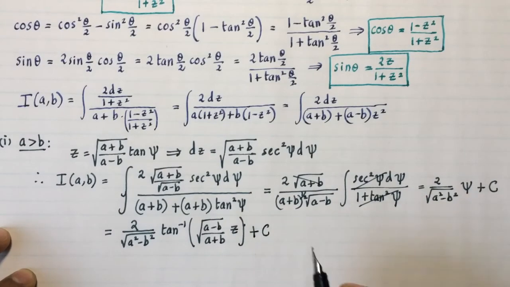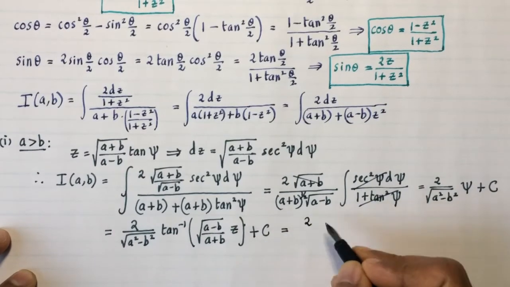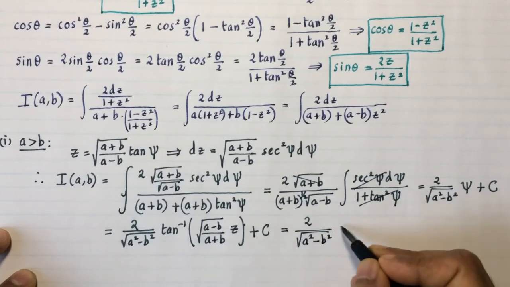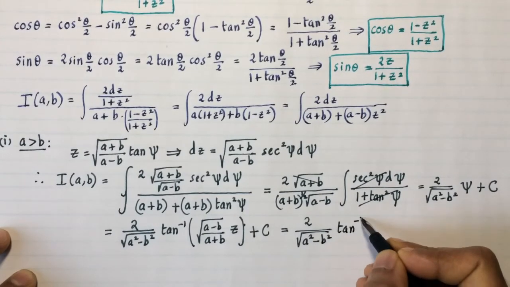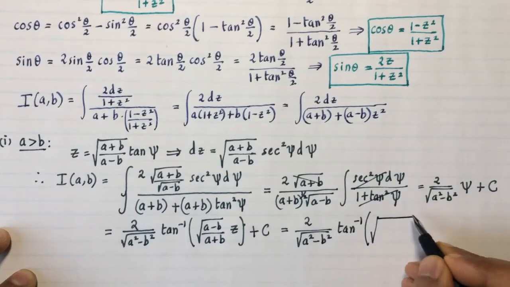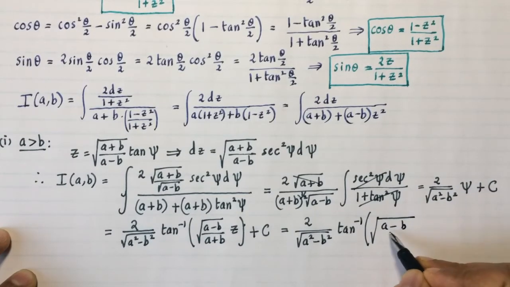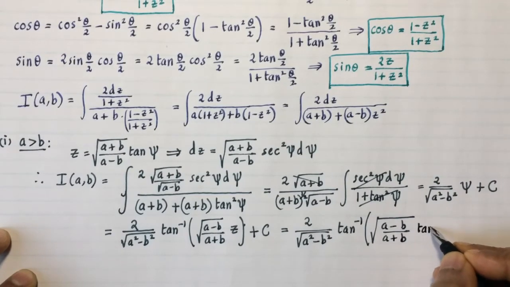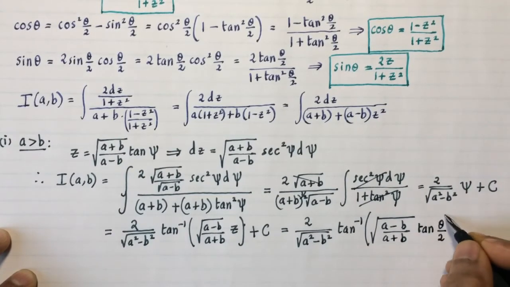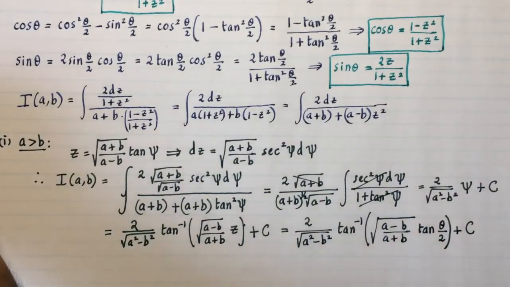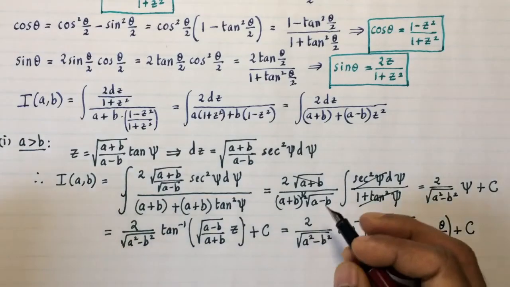Well, the story is not finished because now z has to be resubstituted. So this is going to be 2 over the square root of a squared minus b squared tan inverse of the square root of a minus b over a plus b, and z itself is tan theta over 2, plus c. In this way we have solved this integral. It's a magnificent result.